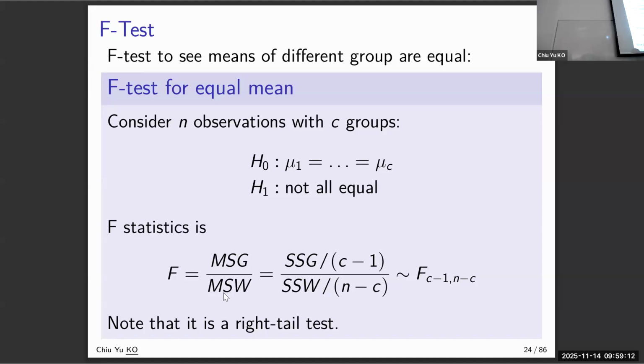So this must be a right tail test. It's not a two tail test, because the minimum will be just equal if, under the null, they're the same. The only case is more than, and if it's more, you reject. So that is the idea.